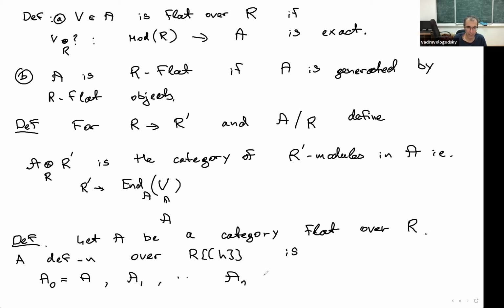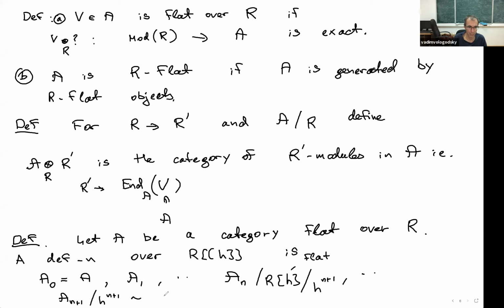These are flat over R of truncated polynomials, h^(n+1). And the condition is that A_(n+1) modulo h^(n+1), which now makes sense, this is the tensor product.